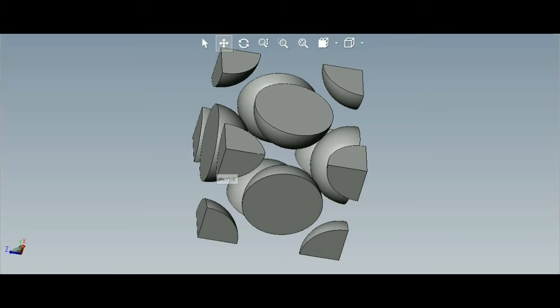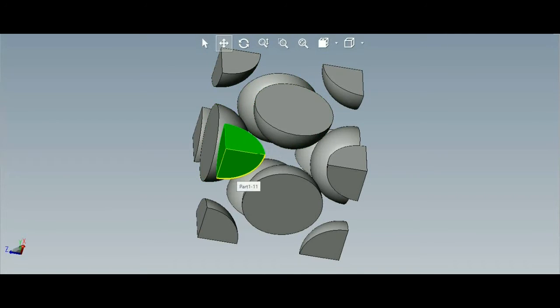The 8 tetrahedral voids are here, here, here, here, here, here, here. Like all the 4 corners, and between this and this atoms, the tetrahedral voids are present, and the octahedral voids are between this and this atoms.